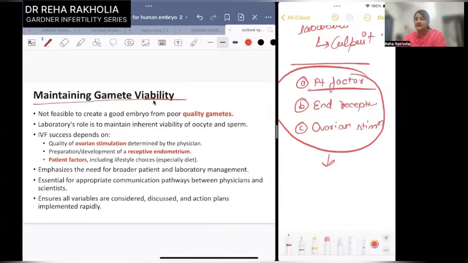Okay, patient factors like diet, genetics, etiology. Endometrial receptivity, we have already read, is decided by ovarian stimulation also. Other factors too, but ovarian stimulation also. And ovarian stimulation also affects the quality of the embryo and endometrial receptivity. Okay, gamete quality and endometrial receptivity.